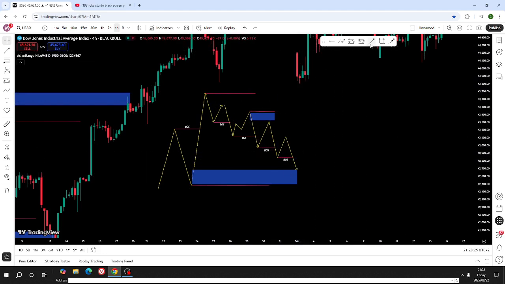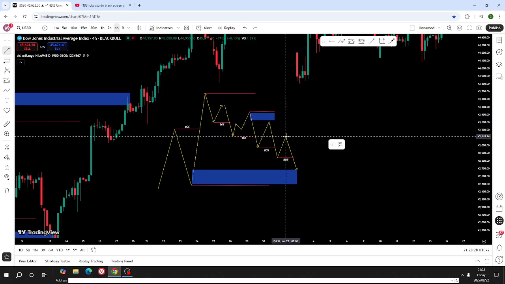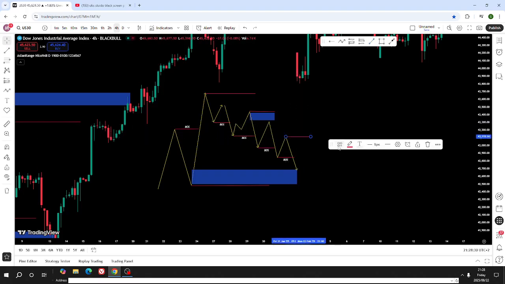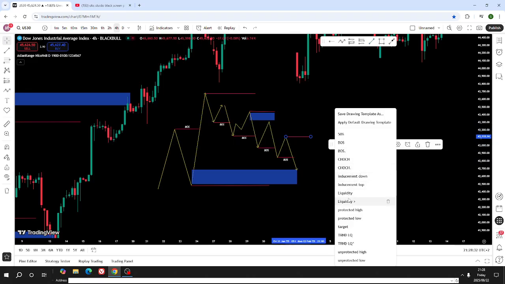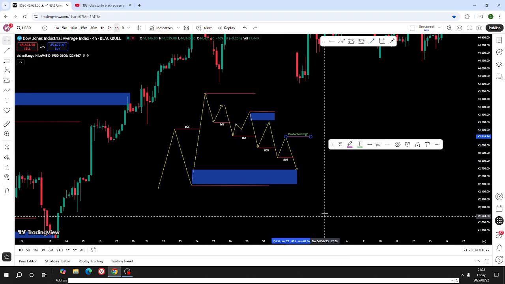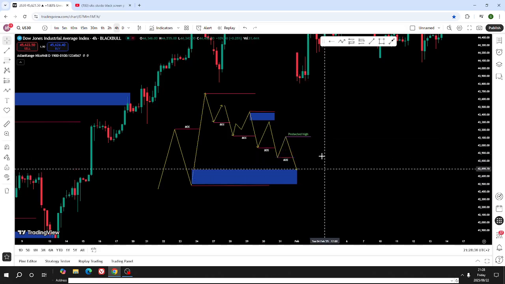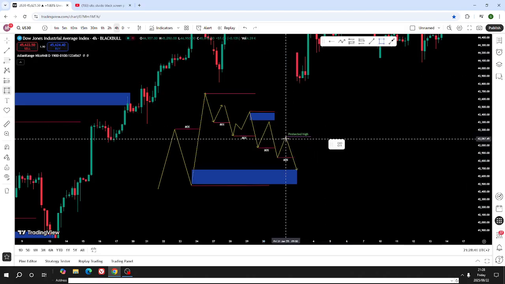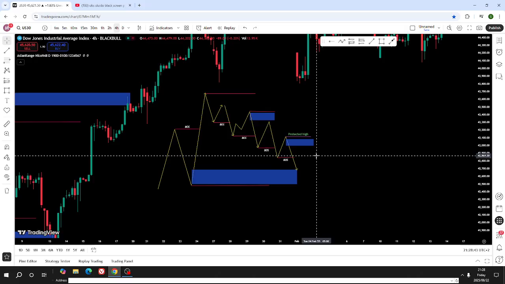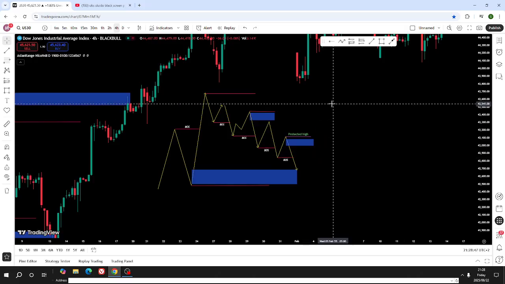We see that we still have the strong, within the internal, we still have the protected high. Why? Because this protected high broke the previous low. So we still have what? We still have the important supply, very major supply.